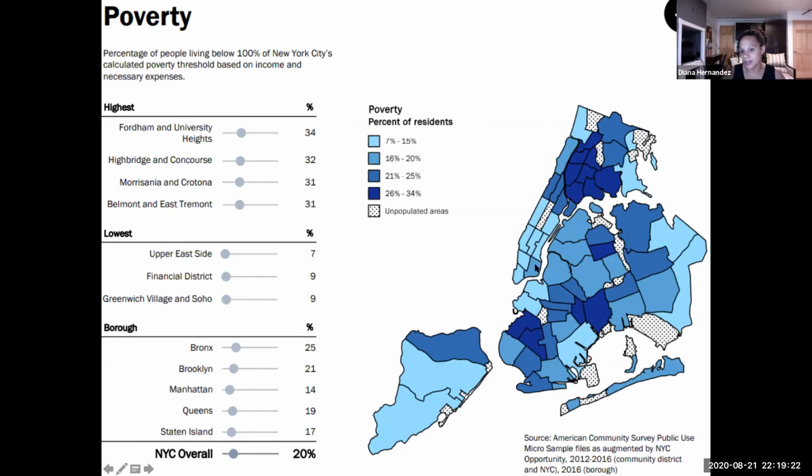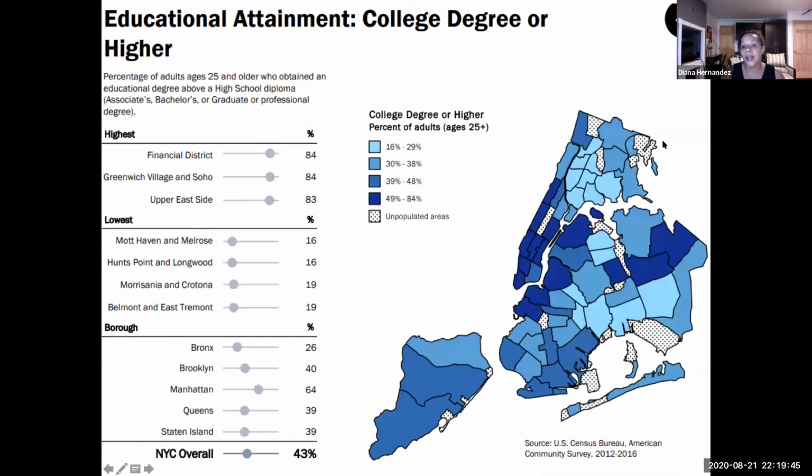So this is the Bronx, this is Manhattan, Queens, Brooklyn, Staten Island. And what you see is that in the dark blue, the highest poverty rates in New York City are concentrated in the Bronx, but also in some of the lower income areas of Brooklyn and Queens.